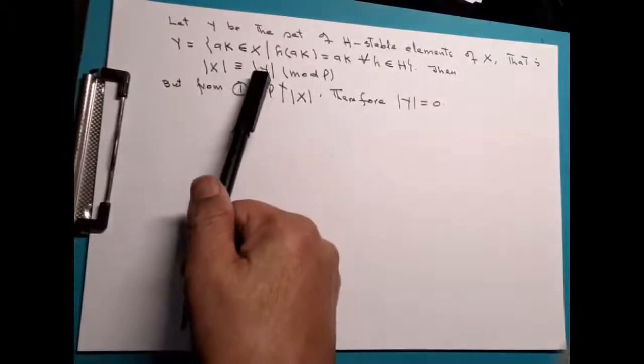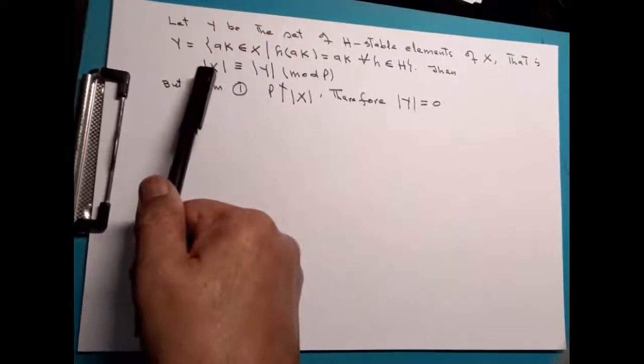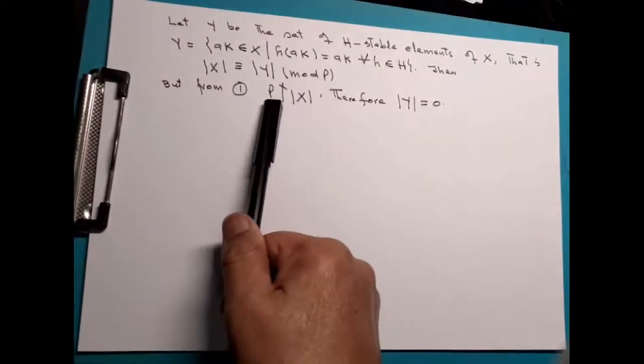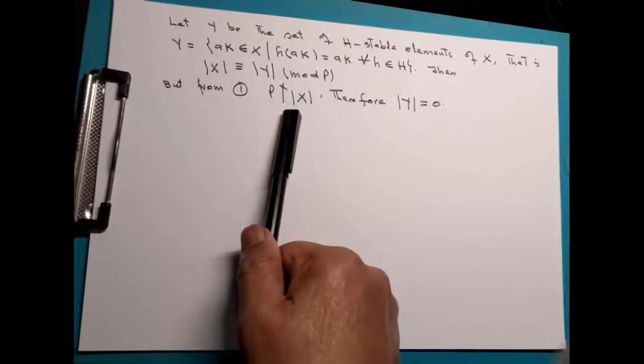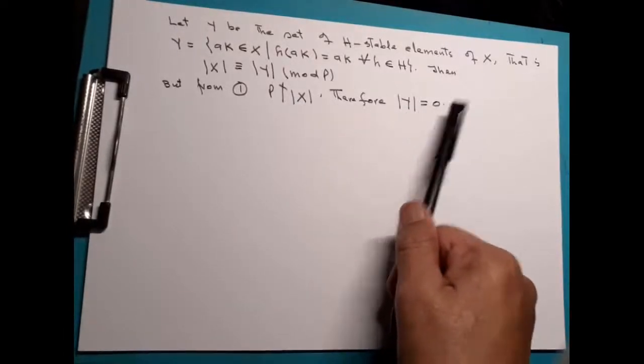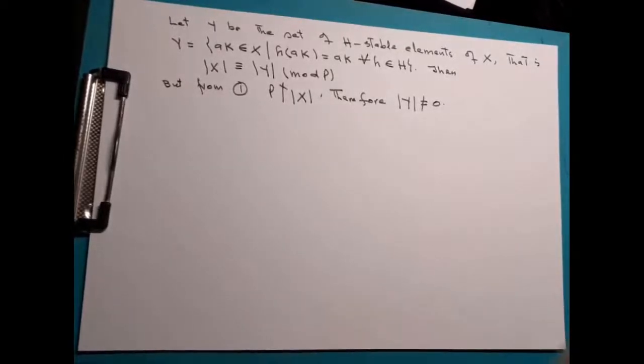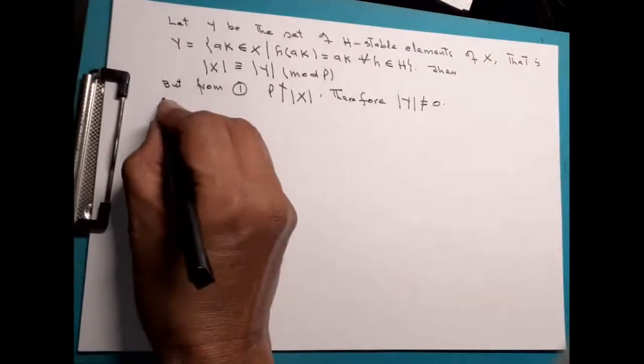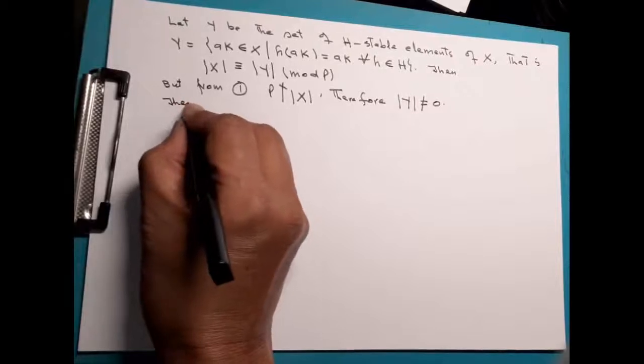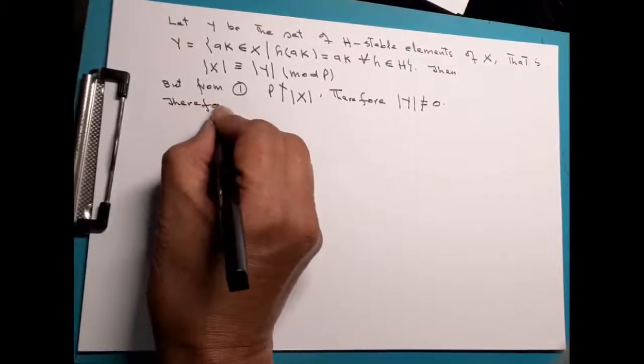This will be 0 only if P divides the number of elements in X. Since P does not divide the number of elements in X, the number of elements in Y is not equal to 0, and therefore Y is non-empty.